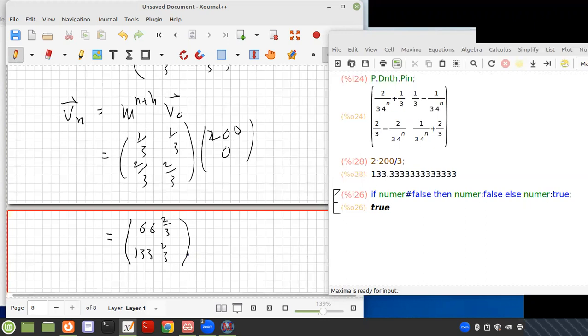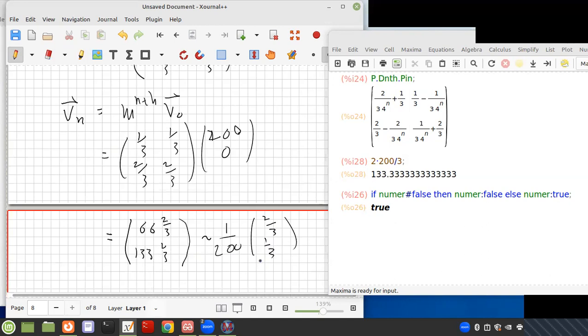And if you wanted to know the frequencies, you would just divide by the 200, right? So the frequencies would be 1/200 times this vector, which would be 2/3, 1/3.